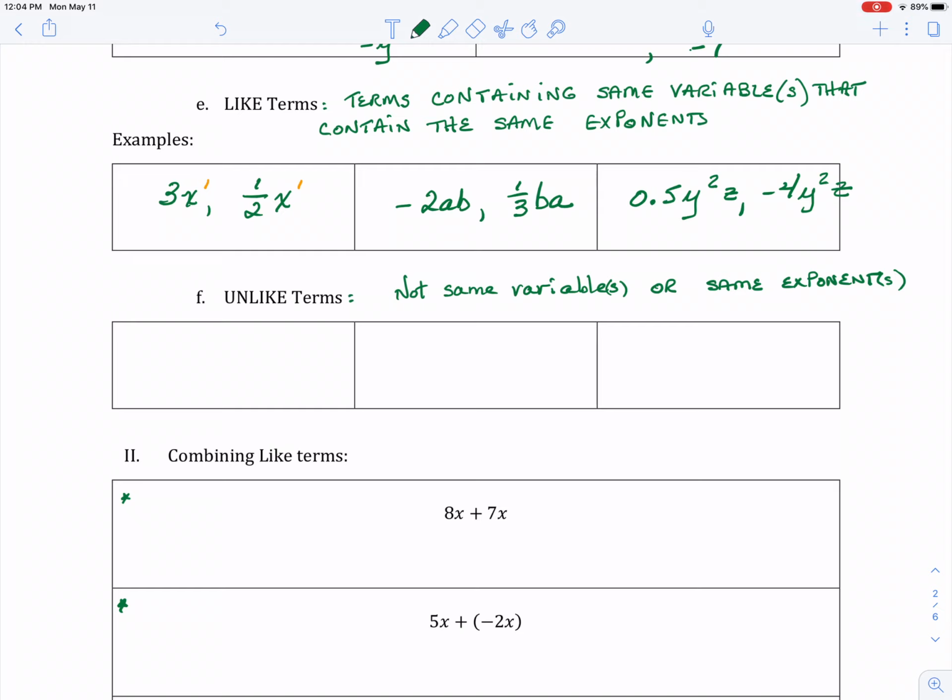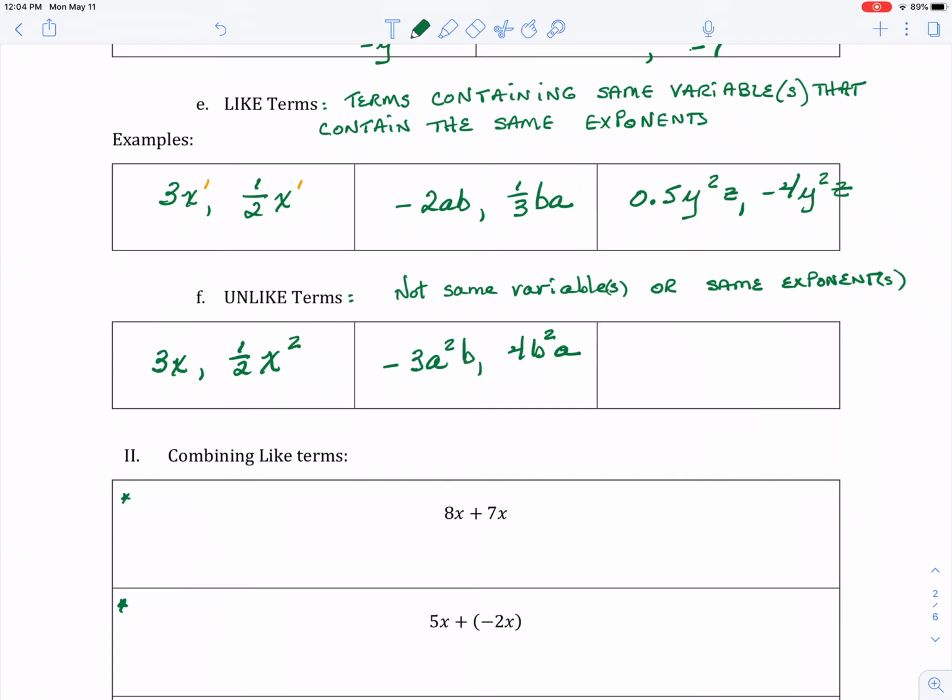So, unlike terms, they do not have the same variables and they do not have the same exponents. So let's say we had a 3x and then we had a 1/2 x to the second power. Those would not be alike because the exponents do not match. Let's say we had a negative 3a squared b and a positive 4b squared a.